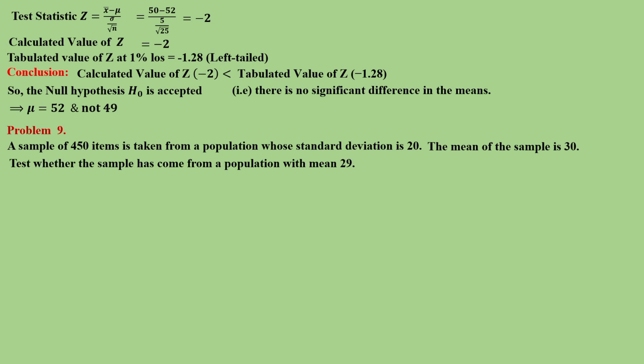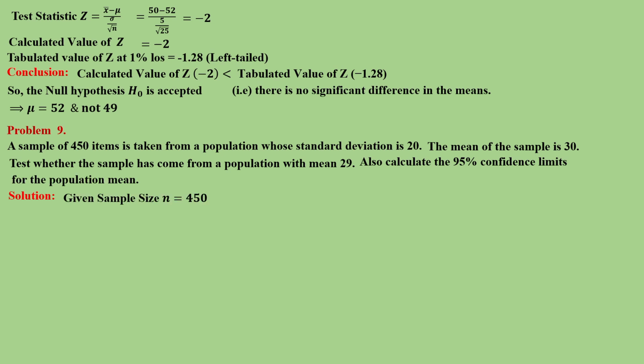Test whether the sample has come from the population with mean, population mean is 29. Also calculate 95% confidence limit for the population mean. Given sample size n is equal to 450 and sample mean x bar is equal to 30, and population standard deviation sigma is equal to 20, right?